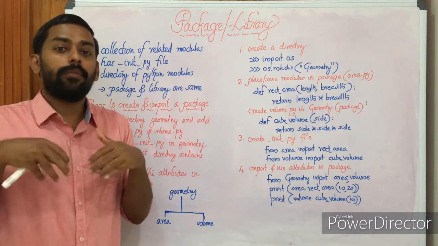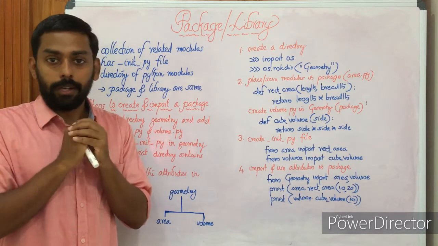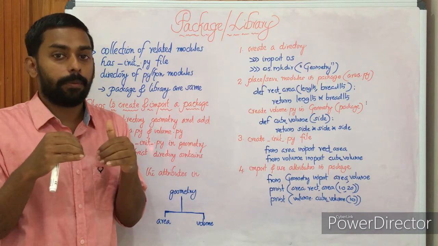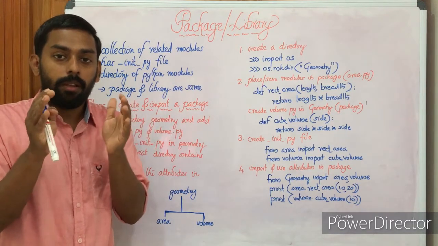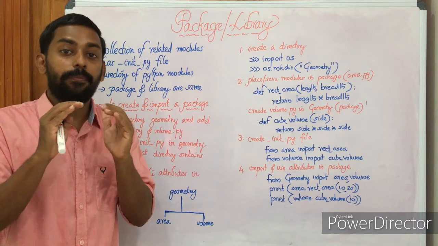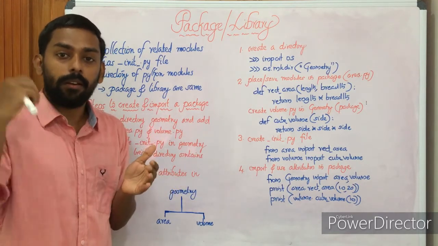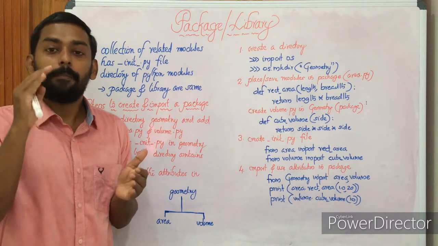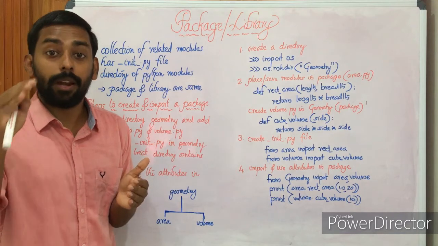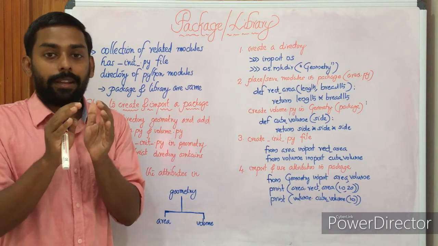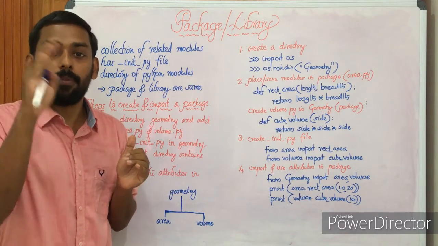Let's see how we can implement the concept. We started with the concept of function. A function is the basic building block of every program, and when we have a number of functions with related tasks, we make them into a module. A module is a collection of functions. Now we are at the package. A package, or library, is a collection of modules.